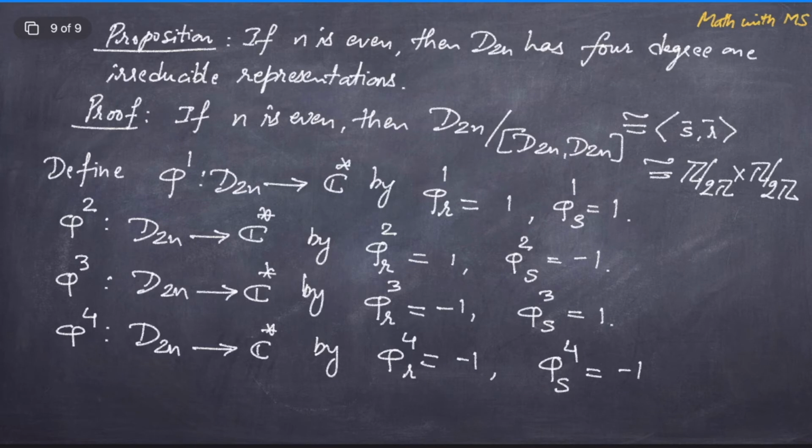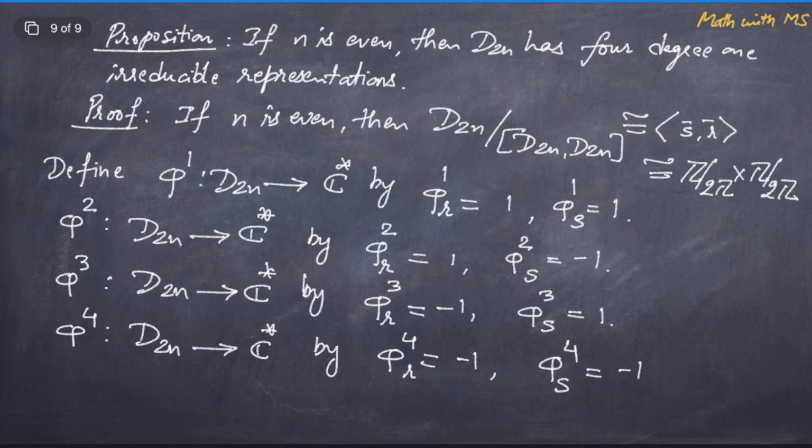One can easily check that all of these are in fact homomorphisms, and since they are degree 1, they are all irreducible. Since they all are distinct as functions, they all are inequivalent. We arrive at them by looking at the abelianization, because we know that the abelianization is simply Z mod 2Z times Z mod 2Z, and for Z mod 2Z these are the representations.